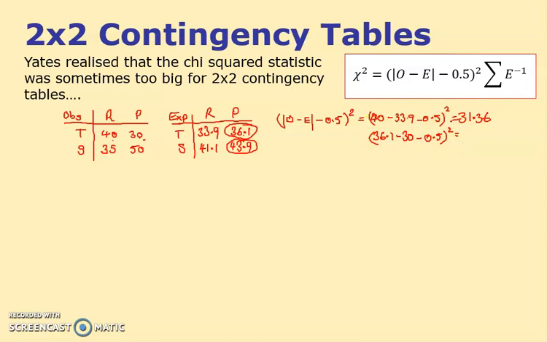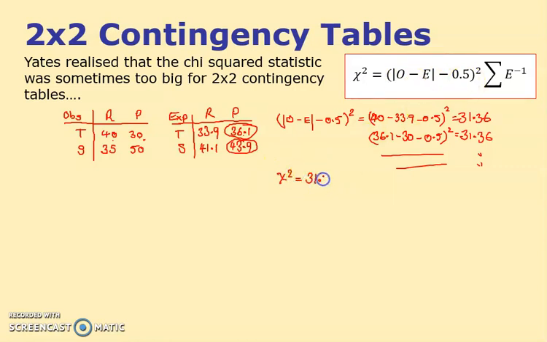And 36.1 minus the 30 minus the 0.5, look at that, it's still 5.6. So in actual fact, it's 5.6 squared, 31.36. All four of them will give me the same answer. And so that's saying to us it doesn't matter which way we do it. And then when you've got that, the chi-squared is equal to that 31.36.